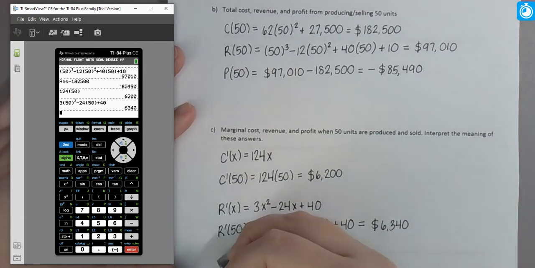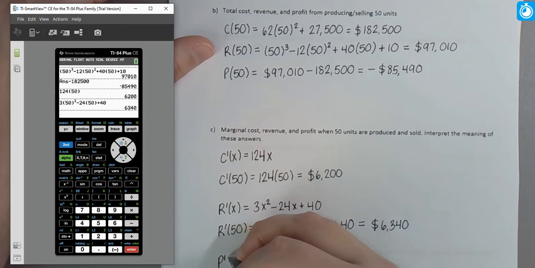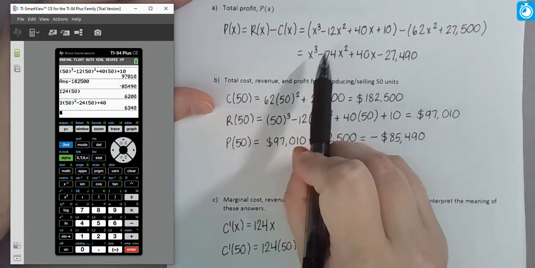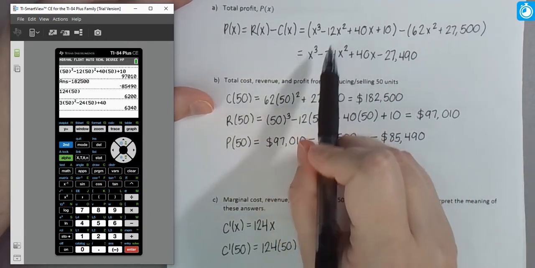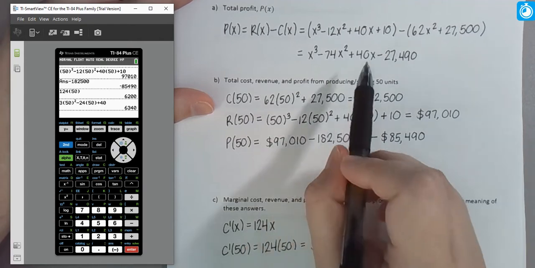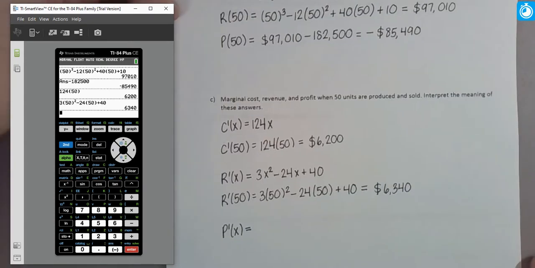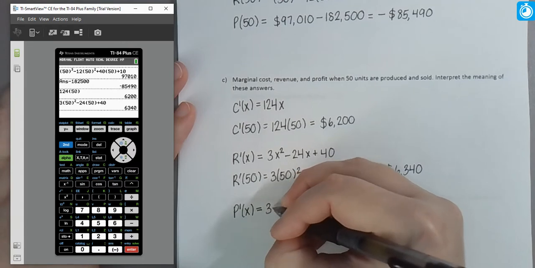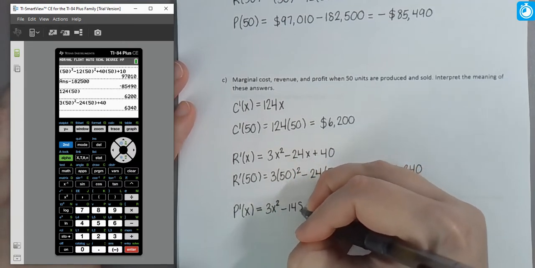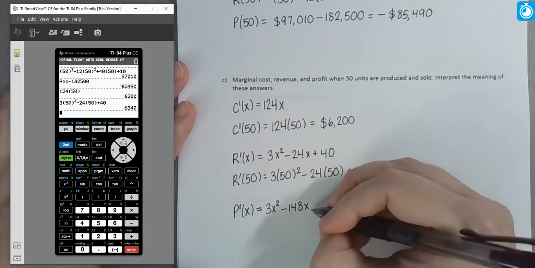And then our marginal profit, the derivative of our profit function. So there's our profit function. So 3x squared, bring down the 2. 2 times 74 would be 148, and then 40. So 3x squared minus 148x plus 40.